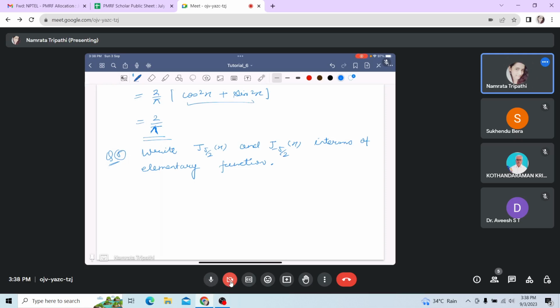Please try to solve. Again, you have to use the recurrence relation.